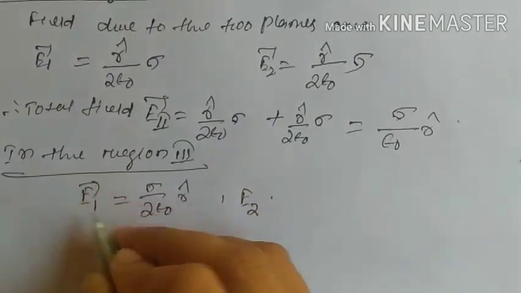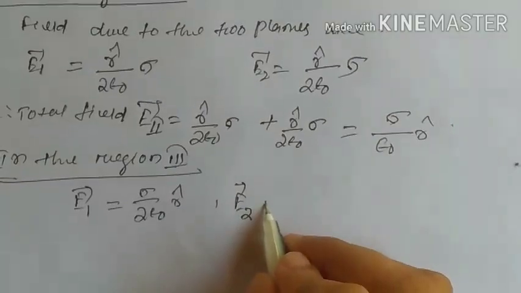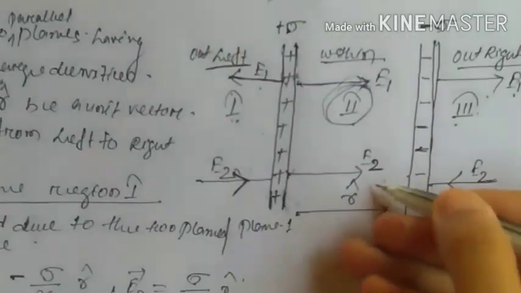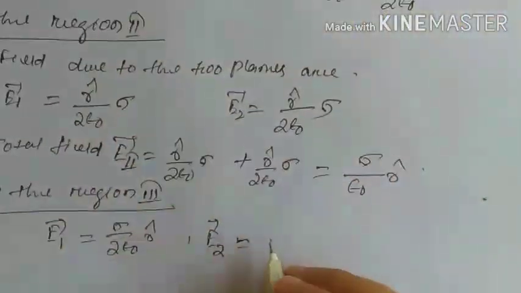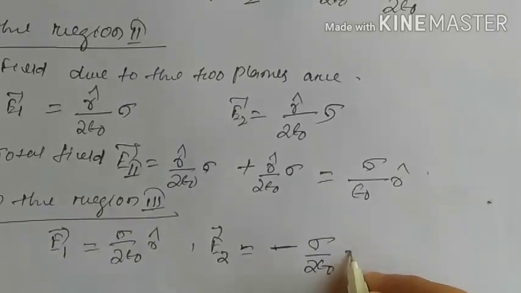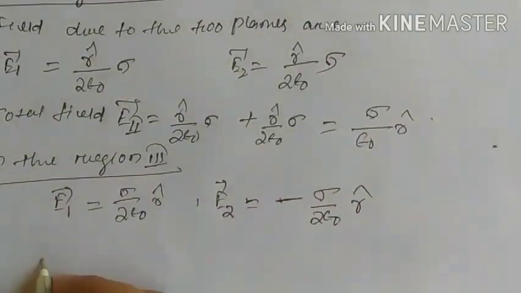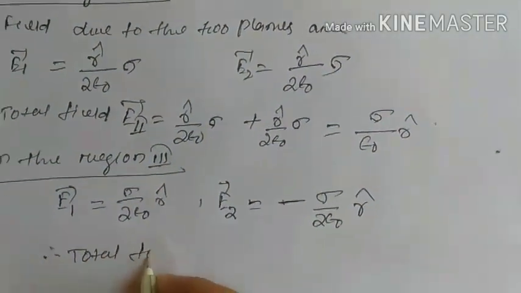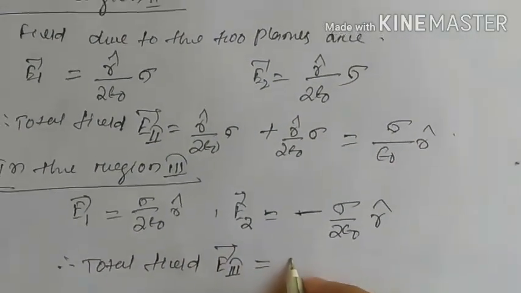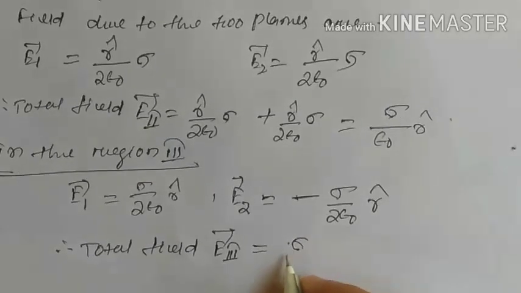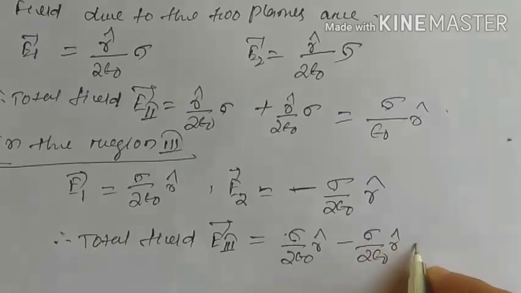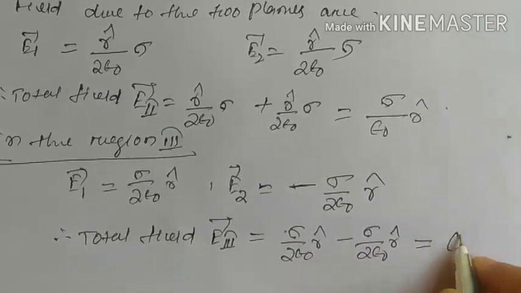E2 is in this direction, so it is minus sigma by 2 epsilon naught r cap. Therefore the total field in region 3 is sigma by 2 epsilon naught r cap minus sigma by 2 epsilon naught r cap, which is equal to 0.